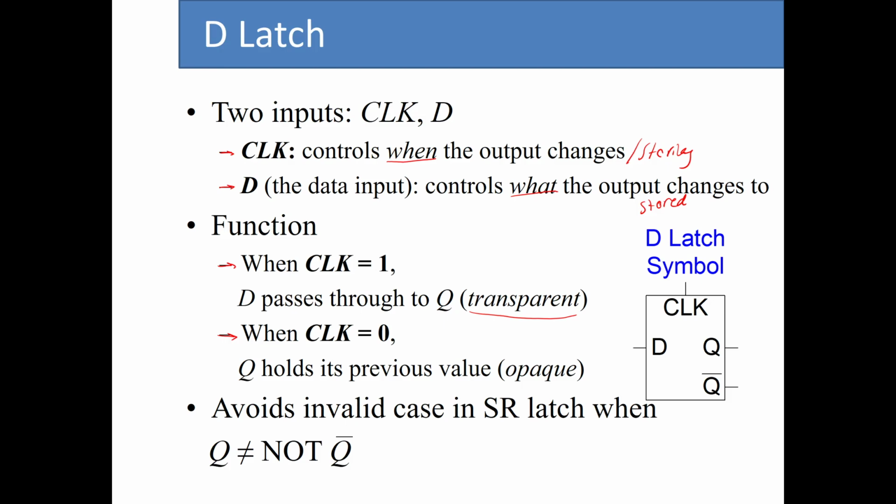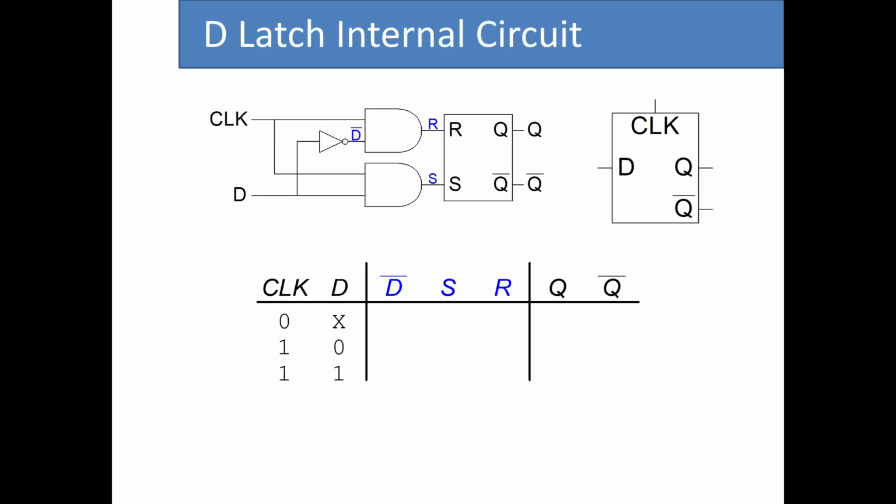In addition to these functions, we want to avoid invalid cases as well. So how can we combine all these requirements into a simple design? The answer is very simple. The internal circuit for a D-Latch looks something like this.